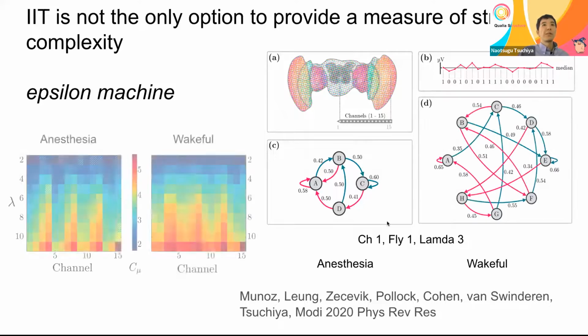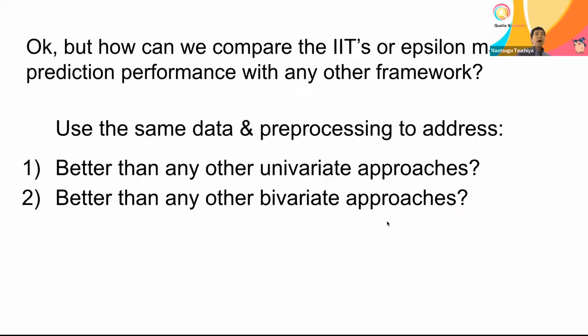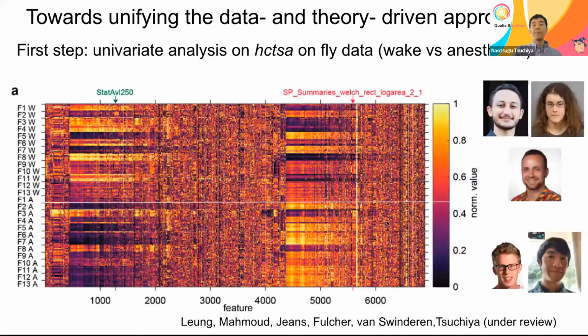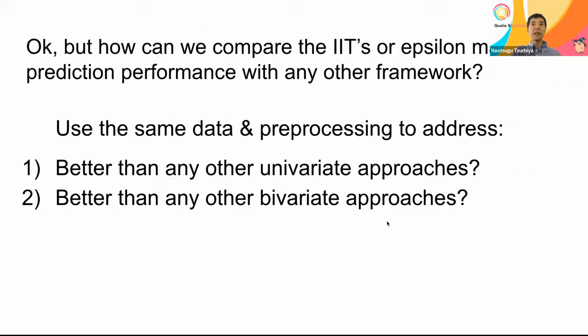And then I'll just skip this. But how can we compare IIT with other types of analysis? Data-driven analysis has been unclear, and we need to use the same data and pre-processing to address these things. But there's also a difference in the nature of the analysis.